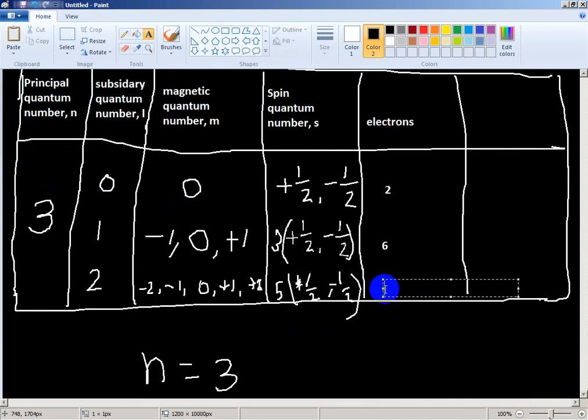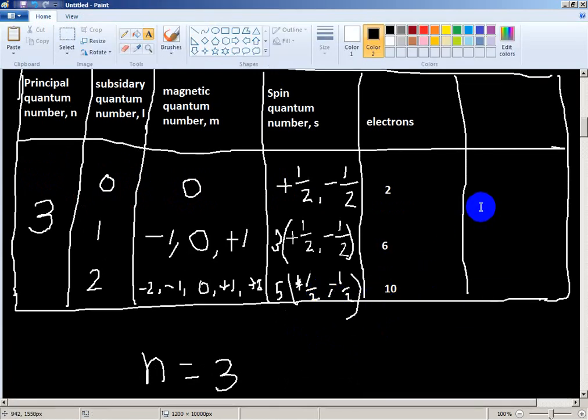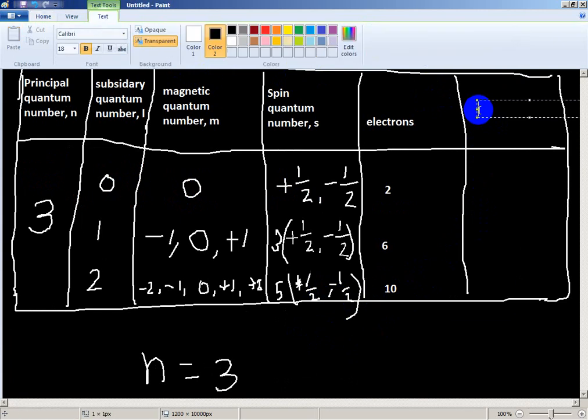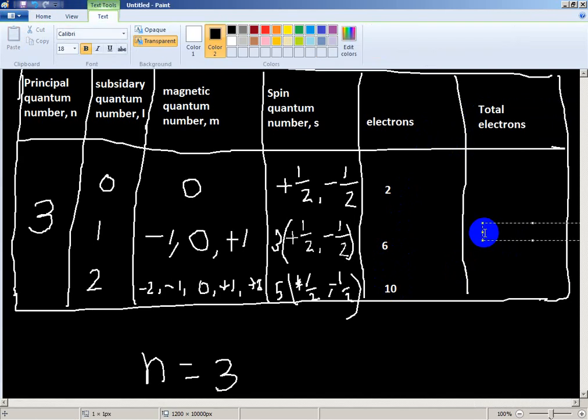And here, 10 electrons. So what is the total number of electrons? The total is 2 and 6, 8, and 10, 18. Okay, question number C is done.